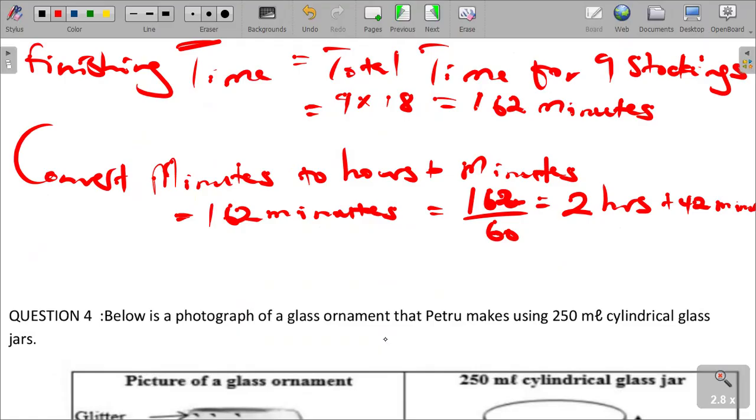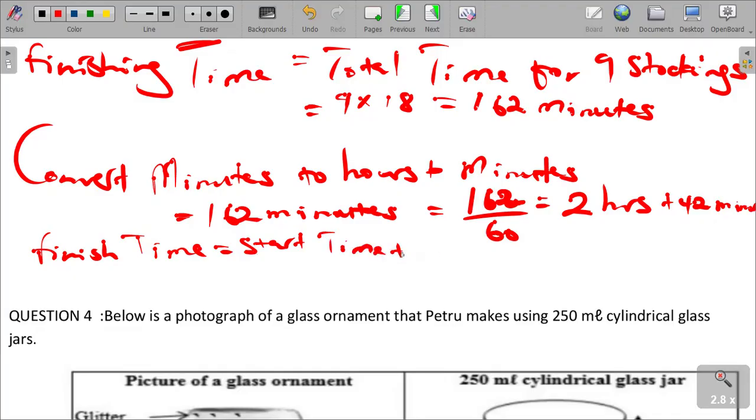So calculate the finish time. Finish time is equal to start time plus 2 hours 42 minutes.